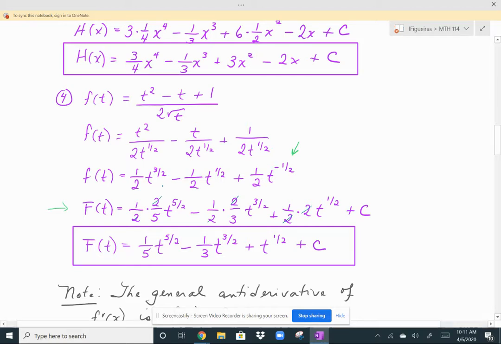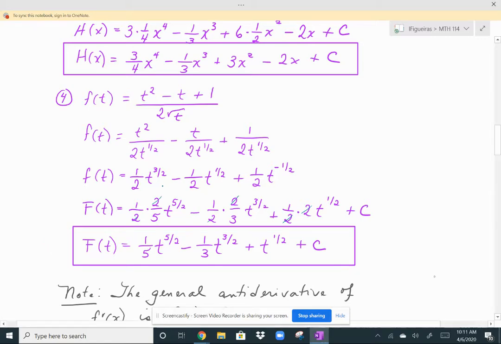And the last one becomes 1/2 times 2 times t to the 1/2 plus C. Then all of the fractions here will simplify. So your final answer is capital F of t equals 1/5 t to the 5/2 minus 1/3 t to the 3/2 plus t to the 1/2 plus C.